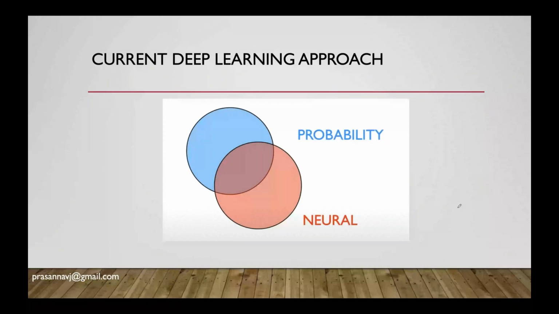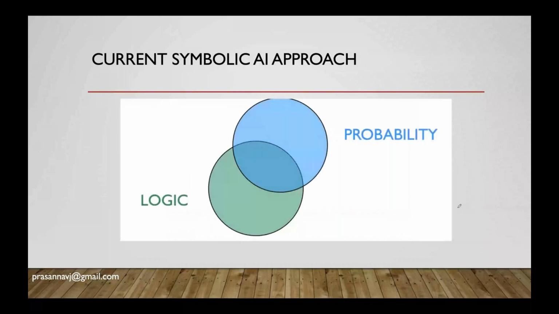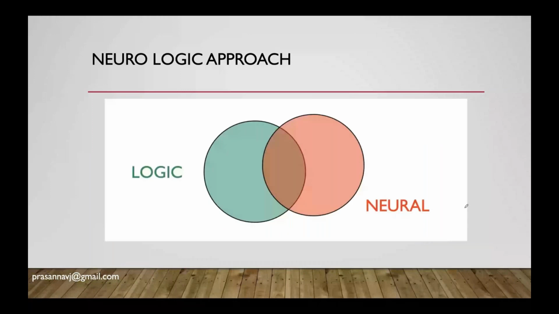There is another approach happening in parallel in the AI world, where logic representation along with probability is what symbolic AI brings in. There is another way of looking at things, a logic representation with the neural architecture, which is also going on. The research is going on on a neuro logic approach of representing the AI.